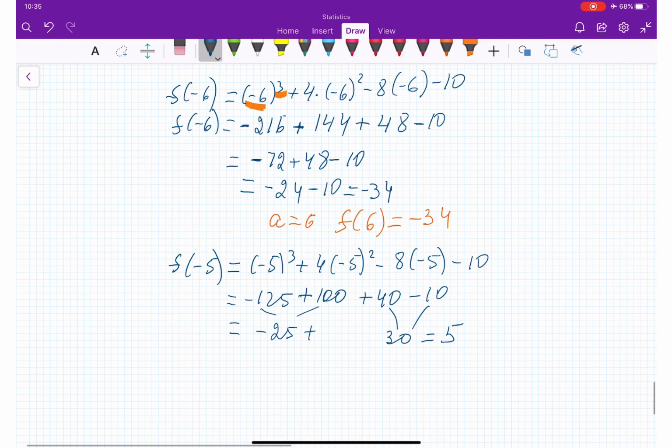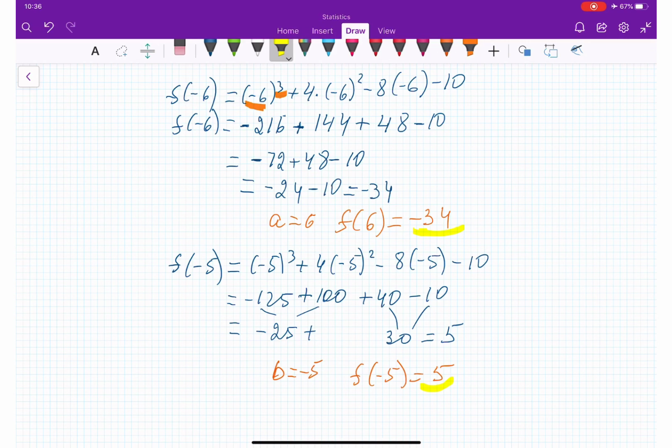So when b is equal to negative 5, f of negative 5 is equal to positive 5. What does that mean? Here we got negative 34, here we got positive 5, which means there is a real zero.